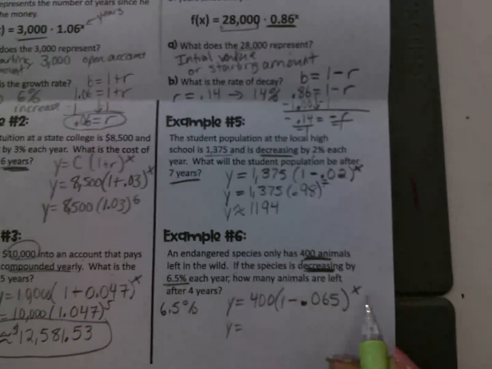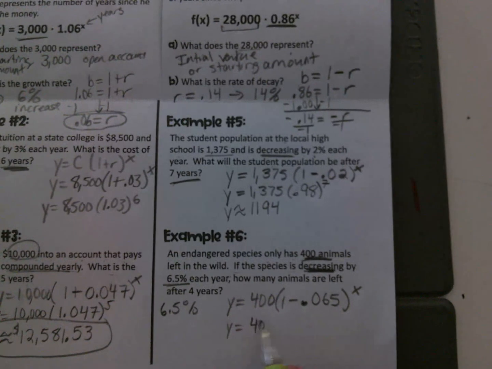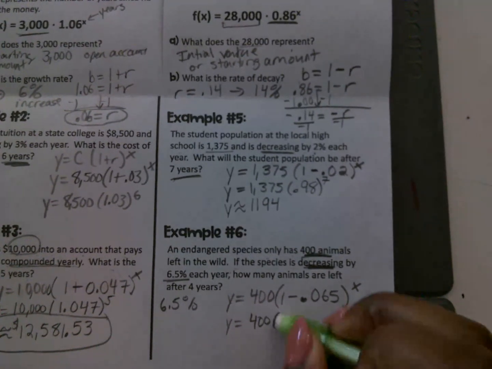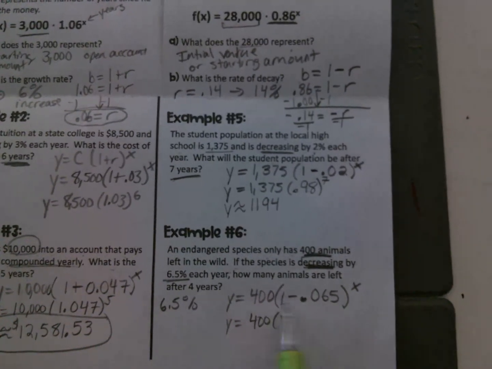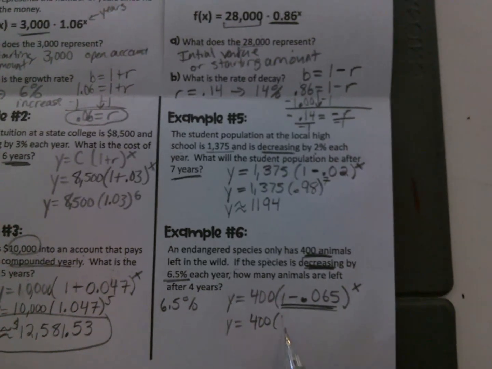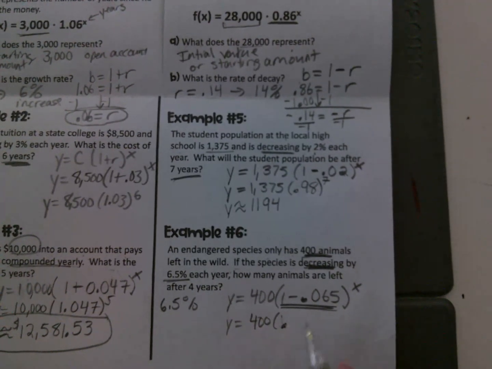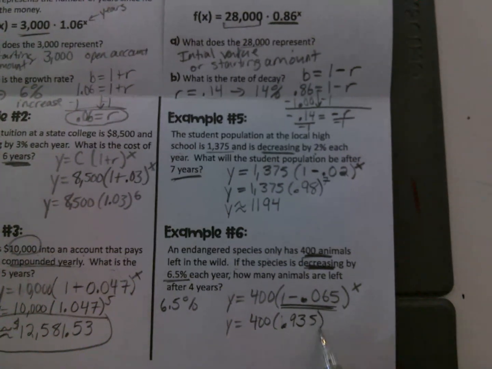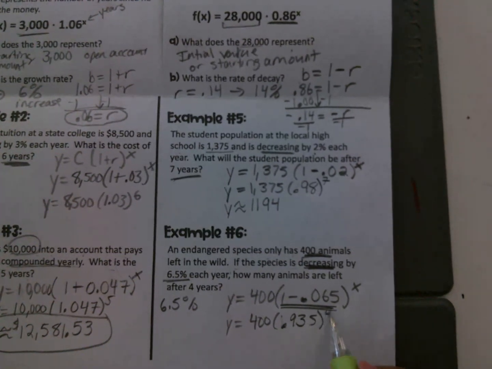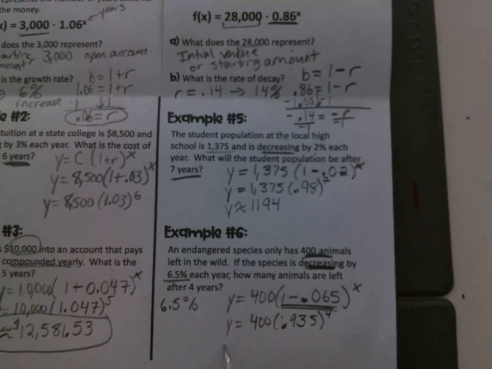Very good. So you're going to put 4 here. When I subtract that, what do I get in the parentheses here? I get a decimal what? Okay. And I raise this to what power now? 4. Very good.